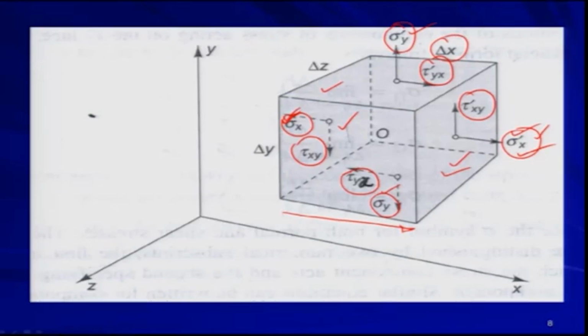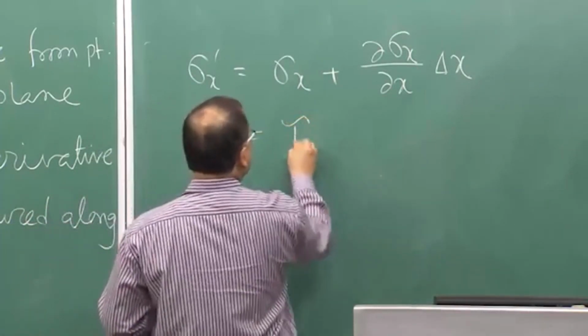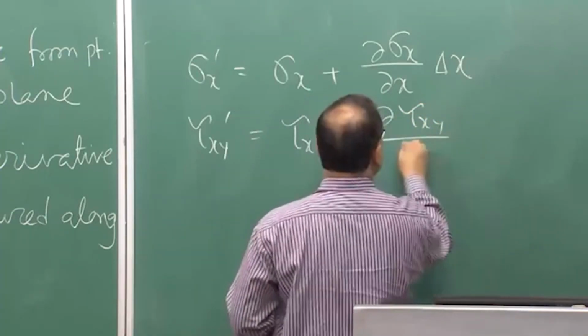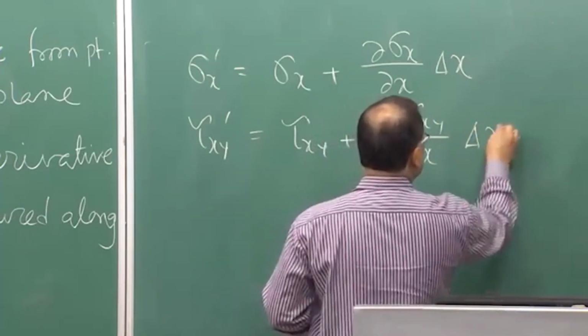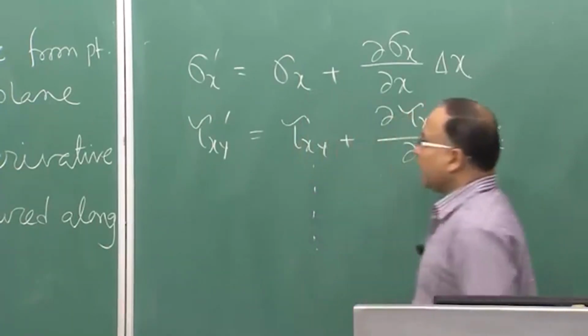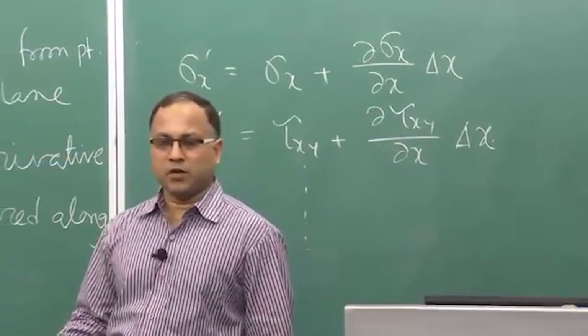Similar to that, we can write tau xy prime is nothing but tau xy plus del tau xy by del x times delta x, and so on. So, other stress components you can define likewise. Okay.